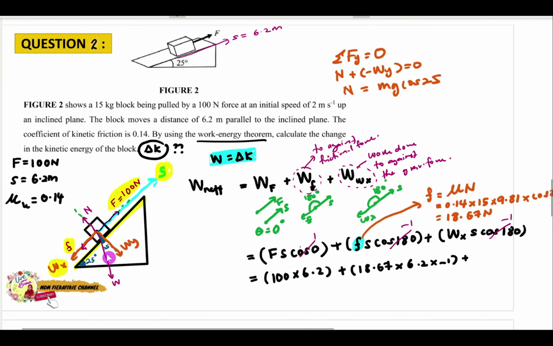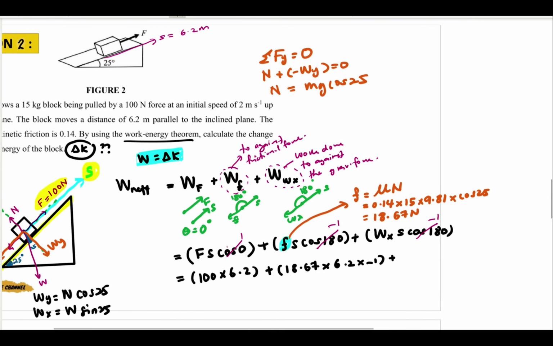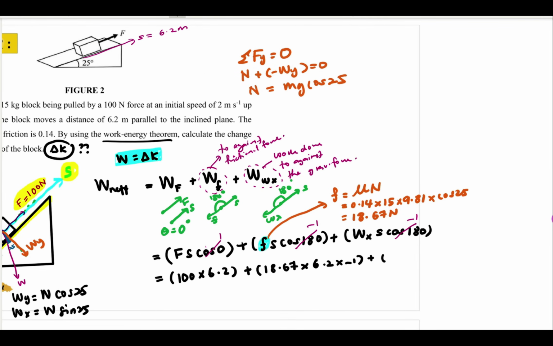From chapter 3 we have learned, resolve W into WX and WY, where WY is W cos 25 and WX is W sin 25. So plus W, which is mg, mass 15 times 9.81 times sin 25, and don't forget to multiply by the displacement S, 6.2 times -1, cos 180.